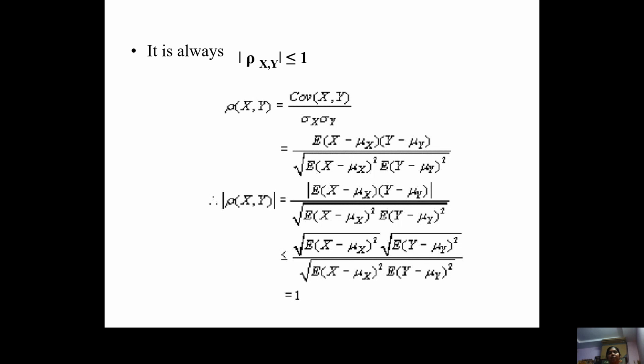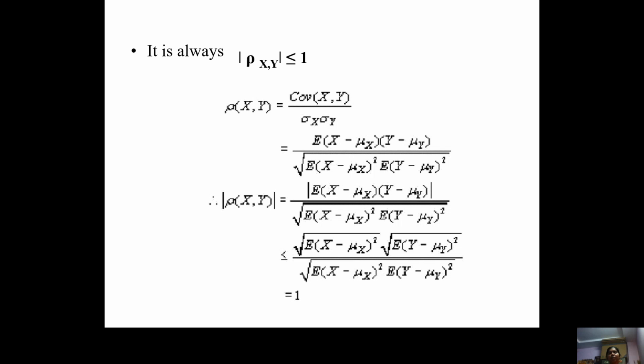That is why we have the square root of E of (x minus mu x) whole square and the square root of E of (y minus mu y) whole square, because here we have taken them separately. Since the square root is the same, we can combine it and write this expression as the square root of E of (x minus mu x) whole square into E of (y minus mu y) whole square.